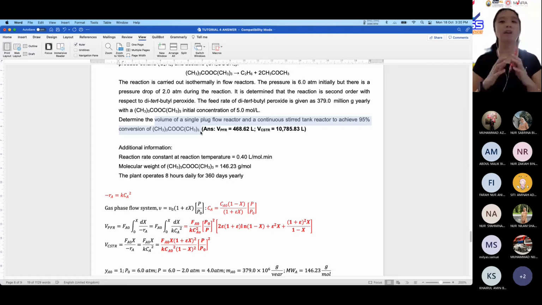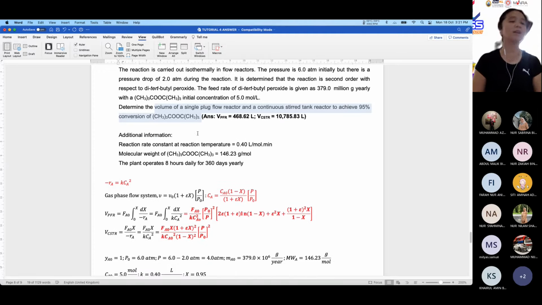Okay, so again, kalau kamu nak start soalan untuk chapter 4, macam saya kata, kita cari dulu equation yang akan digunakan. If let's say you really don't know nak start mana, tengok dulu equation apa yang akan digunakan. Sometimes from there, kamu akan dapat idea macam mana kita nak solve.